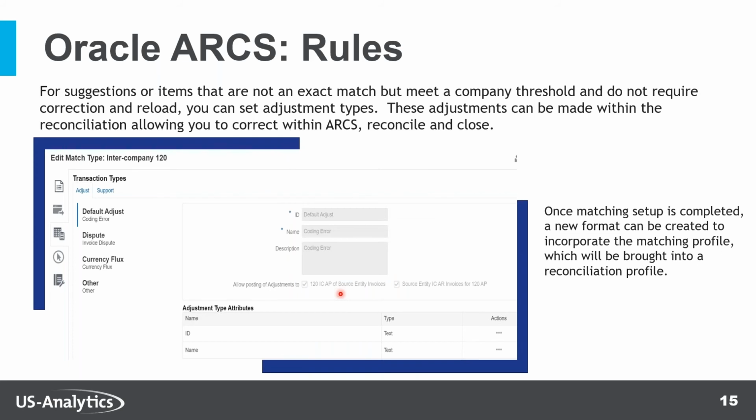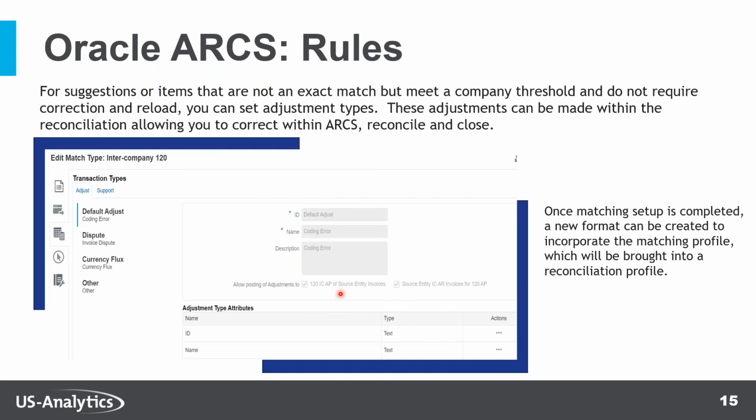So coming back to our setup here, those items that we had marked for suggestions, we can set things up to where, if it's not an exact match, it doesn't meet the threshold, not within the requirements, we can either adjust the transactions and reload the balances, or whatever we might need to do. We just know that there's something that needs to be done to address the situation. You can make those adjustments inside the system as well.